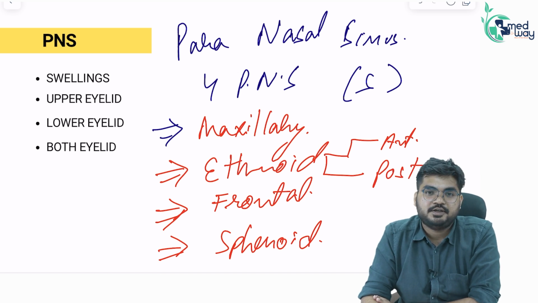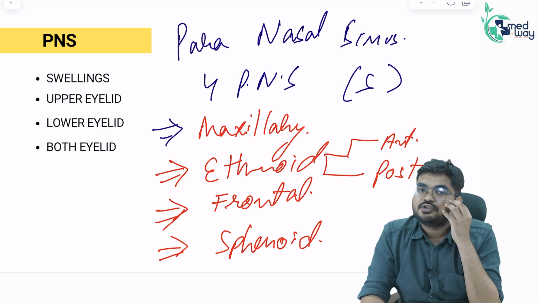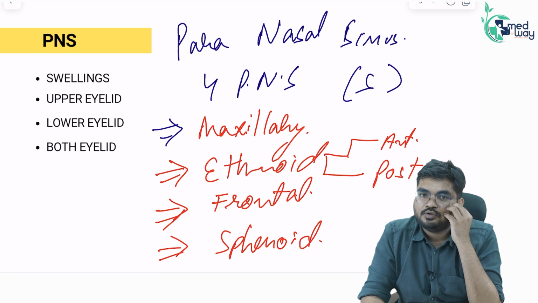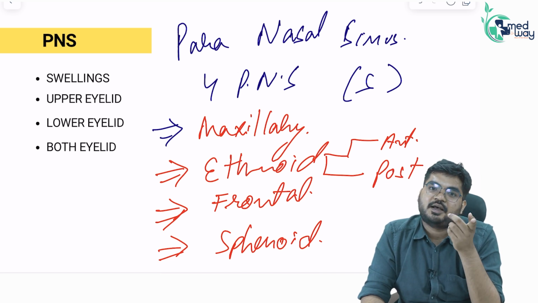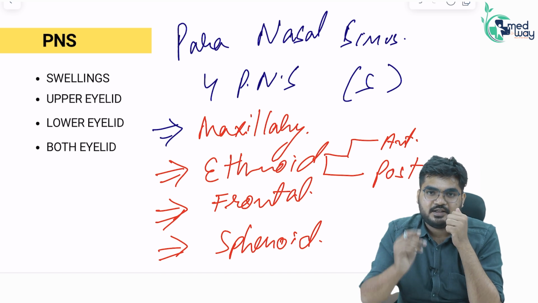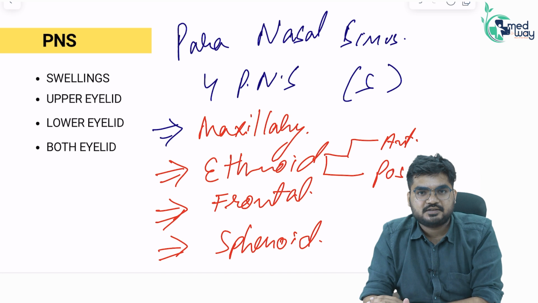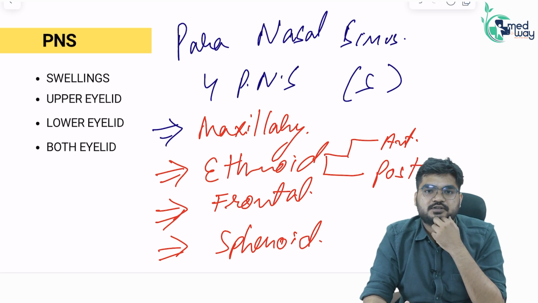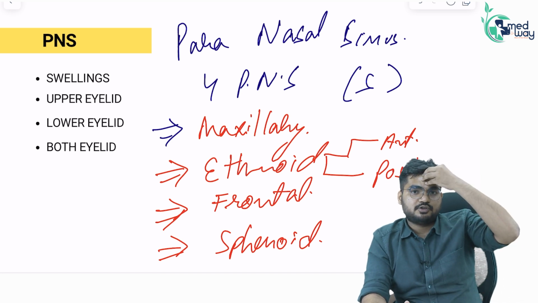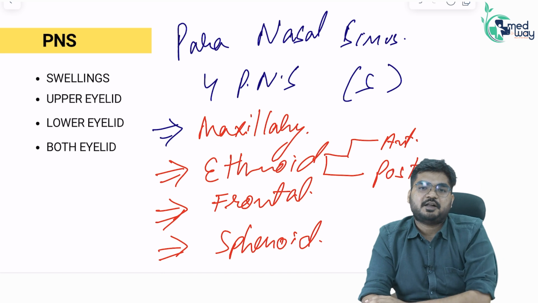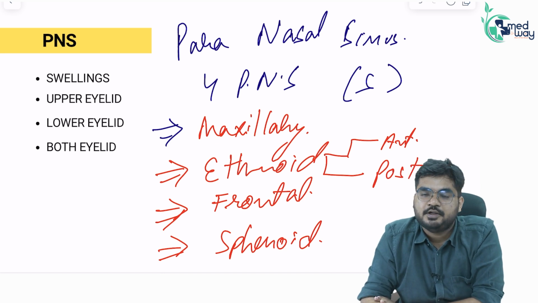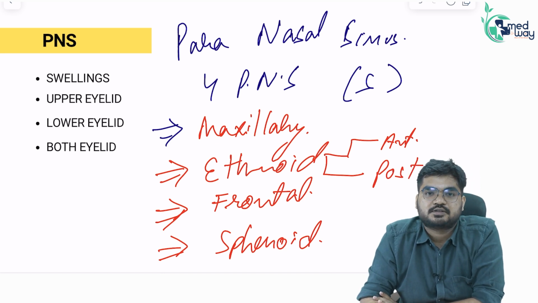If I give you a swelling over here and I ask you which paranasal sinus is involved, you will say, sir, maxillary sinus is involved. If I give you a swelling over here and I ask which among the following paranasal sinuses is involved, you will say ethmoid sinuses. If I give you a forehead swelling and ask which paranasal sinus is involved, you will say frontal sinus.